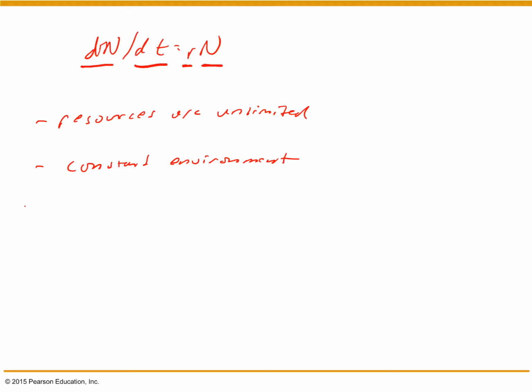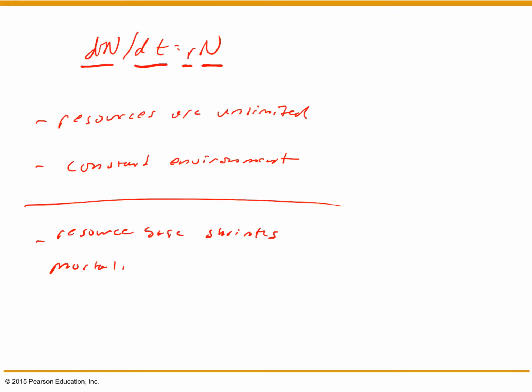Well, the answer is that the resource base shrinks, and mortality increases, and fecundity generally decreases. Or it could be a combination of both of these.